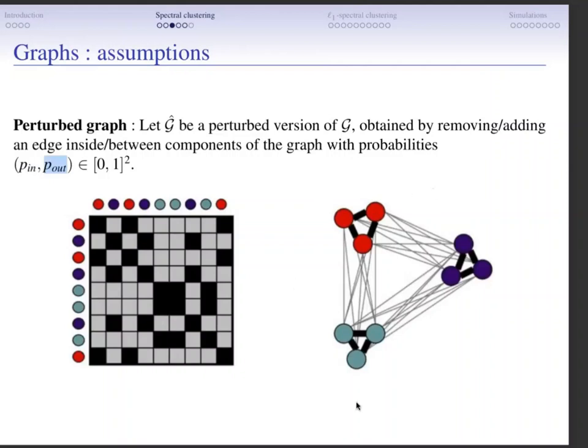Here we didn't remove some edges, but we added some edges between components. So you have lots of supplementary edges, and your adjacency matrix looks something like this. You can still see this kind of block diagonal matrix, but it's a little bit messy, with some edges added or removed.